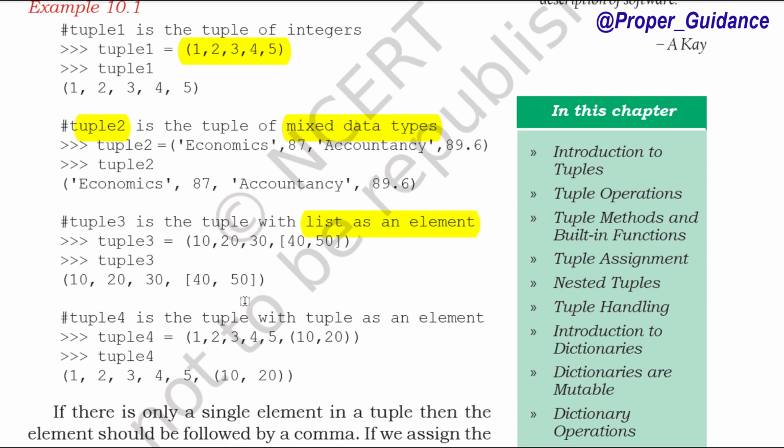So tuple 3, that is 10, 20, 30, and this is the list. We know how to write down or represent a list. The elements of a list are represented in a square bracket or box bracket, whereas in a tuple we use the parenthesis.